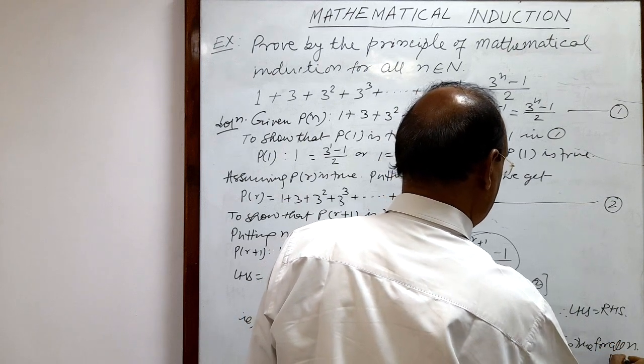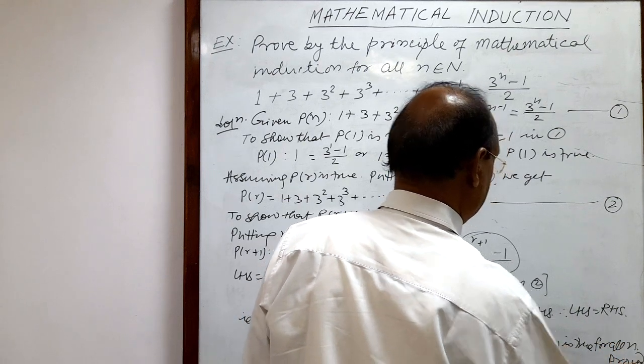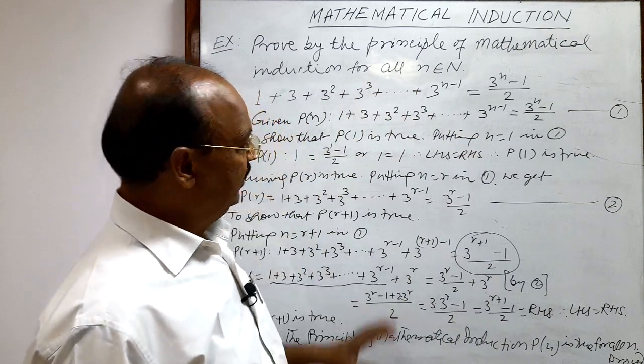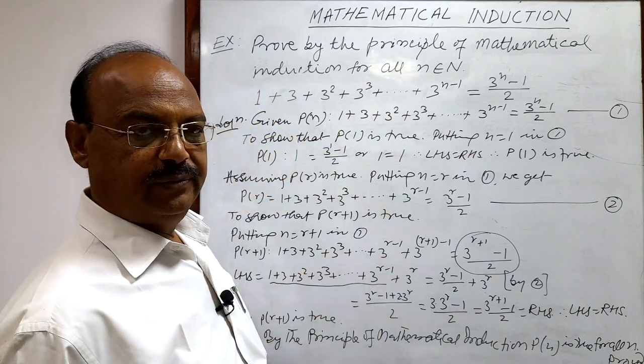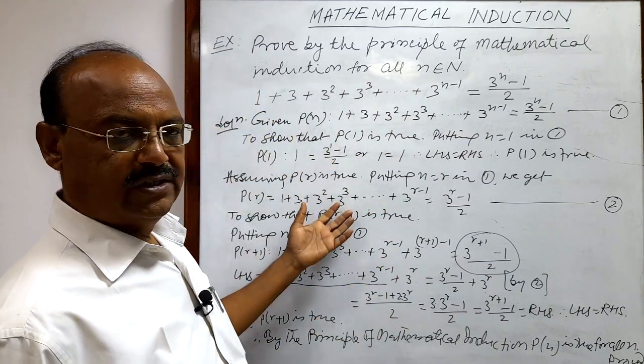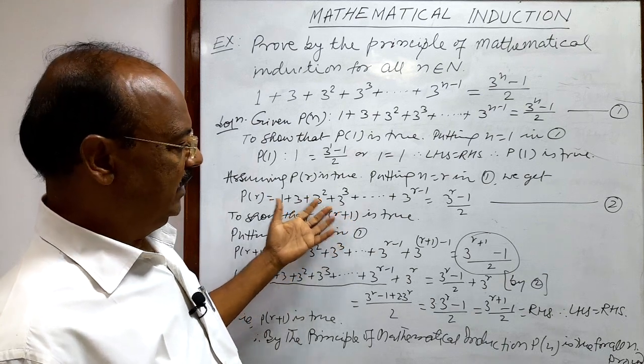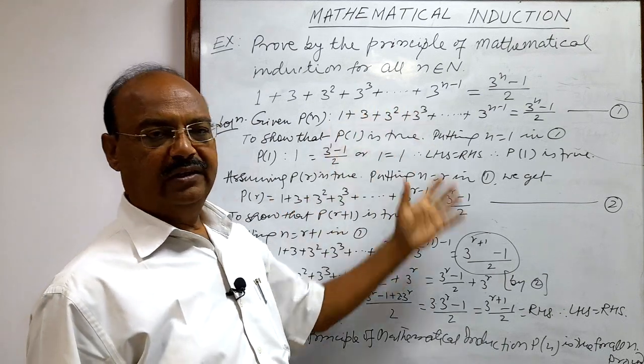So now it has been proved, we got the result. Very interesting, very simple solution, and we have to do only 3 steps and we can prove this question very easily.